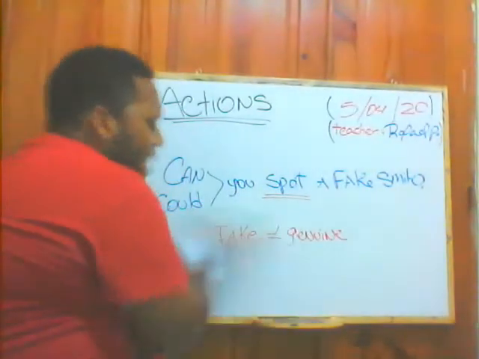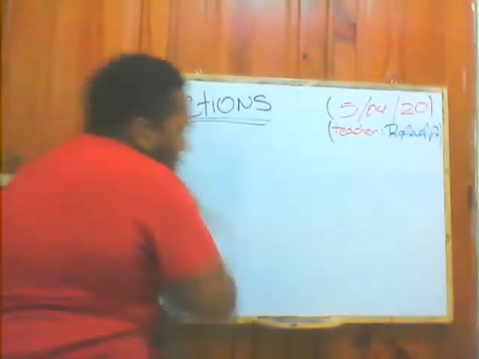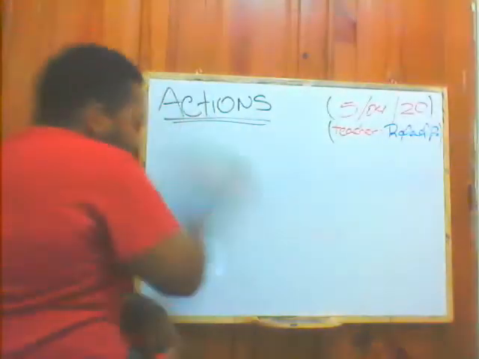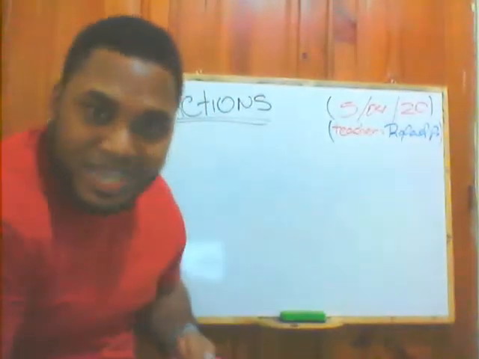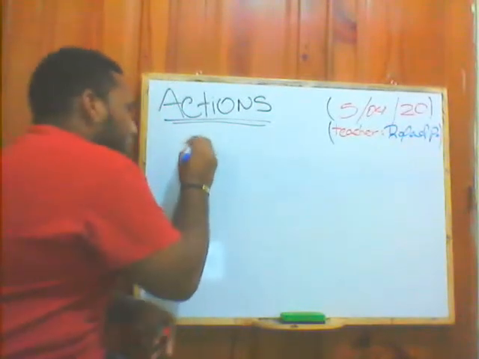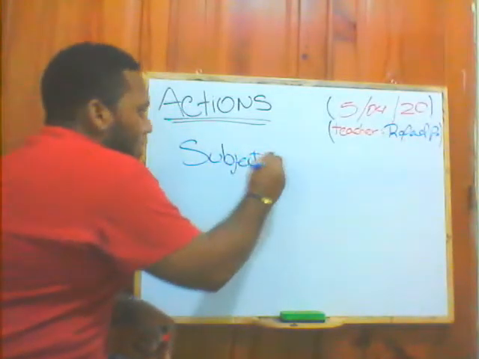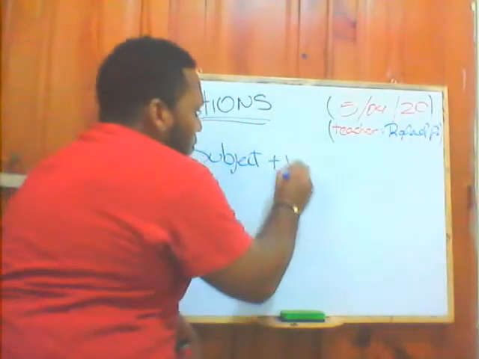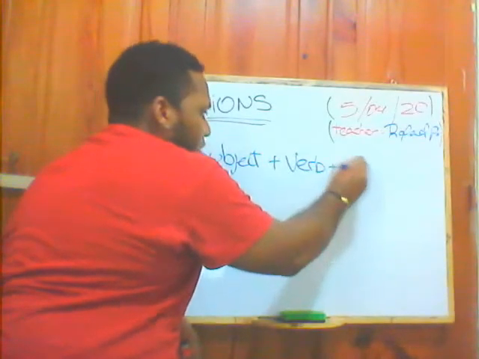So normally, how do we form the present continuous? In English, to talk about actions that someone is doing, we use the present continuous tense. How do we form it? Basically, it is subject plus verb plus ing.